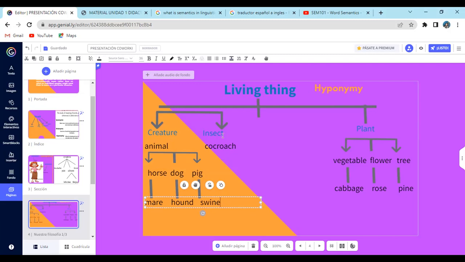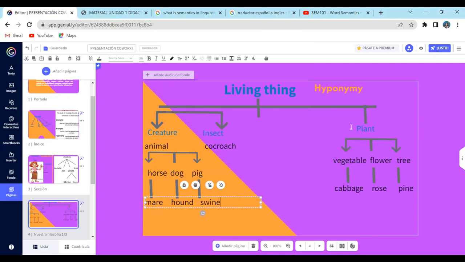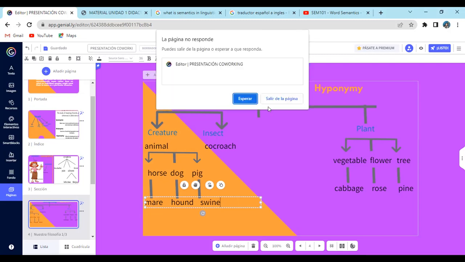And I put insect, cockroach, because this is an insect. So we have here plant, vegetable, and what kind of vegetable? Cabbage. Flower, because this is a plant too. What kind of flower? Rose. Tree, but what kind of tree? Pine. I am describing the word plant.